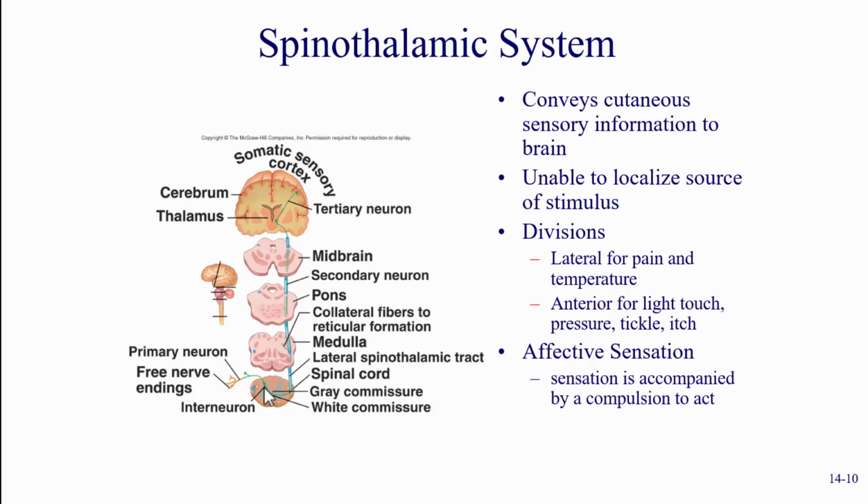There's an interneuron where it crosses over and connects with neurons as it goes through the gray and white commissure here, crosses over and begins its way up. And again, this is spinothalamic. So we're going to start in the spine, work our way up, and terminate in the thalamus. And then from the thalamus, we have a tertiary neuron that goes to the sensory cortex of the brain.